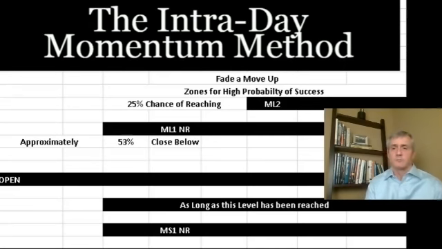To some degree this says that if you get to this level down, you're probably not going to want to trade in the direction of the trend if the ML1 level is up, because the chance is actually less than 50% that it would close at or above that level. And this is over the stocks. This is not the ETFs.